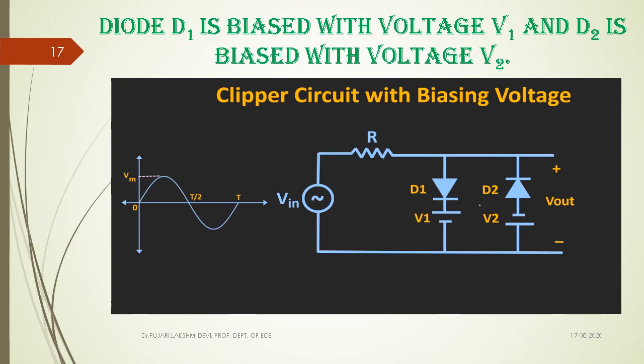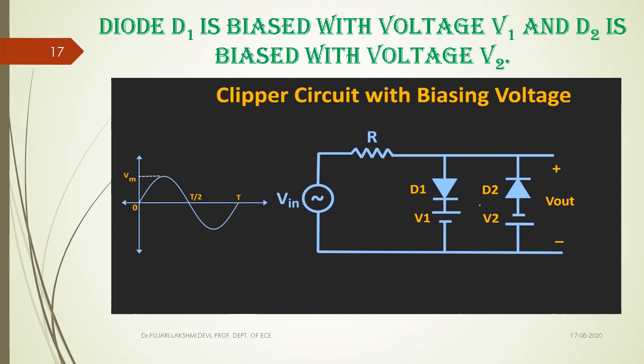Only when the input waveform crosses this 5 volts does the anode of diode D1 become higher potential compared to the cathode. Until we reach that point, this particular diode D1 is in reverse bias.